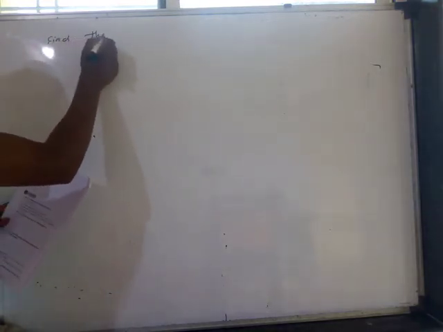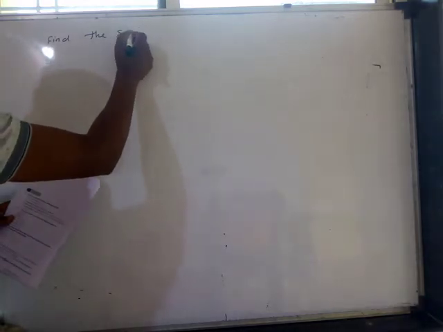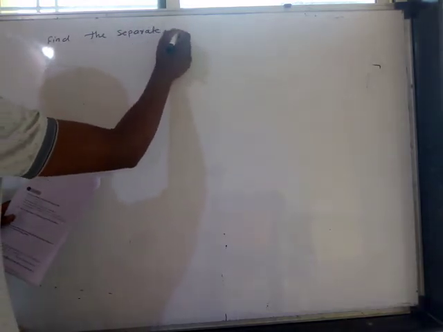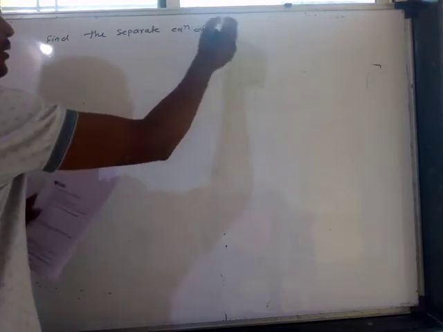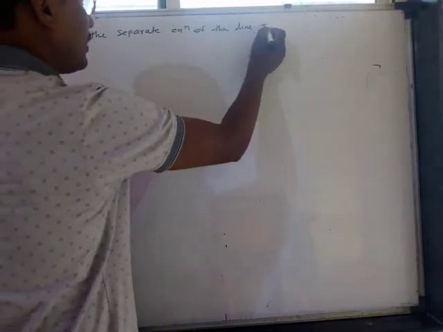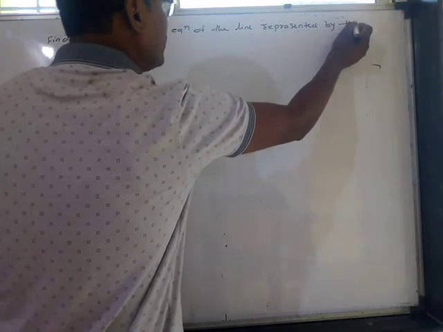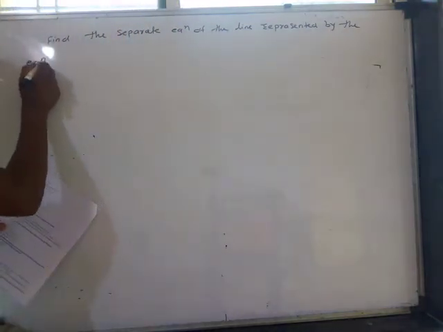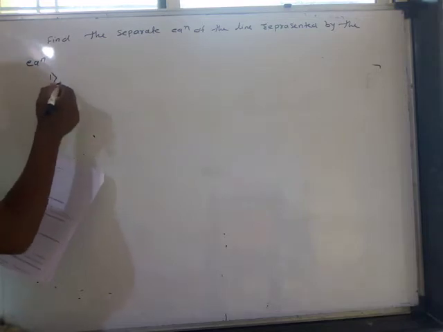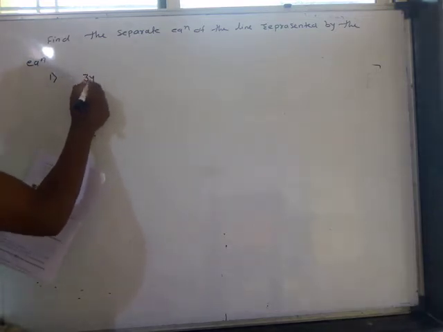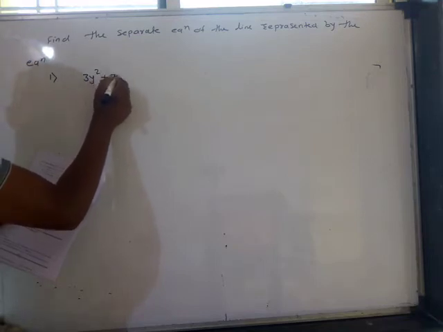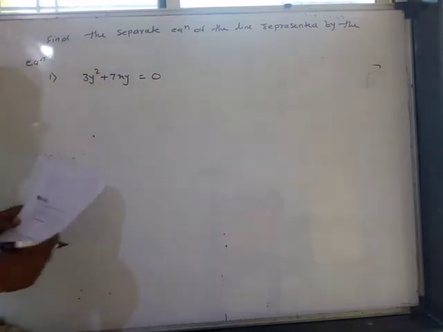Find the separate equations of the lines represented by the equation number 1: 3y square plus 7xy is equal to 0.